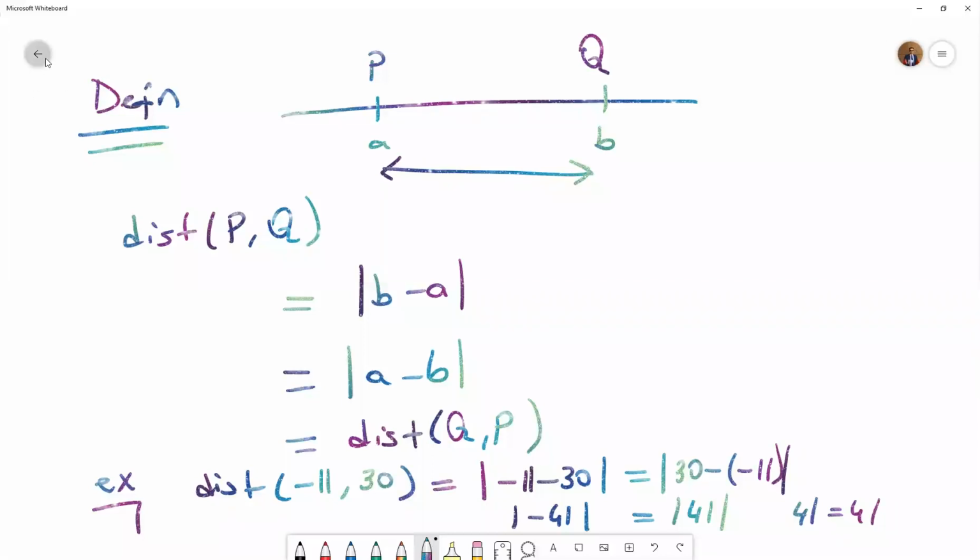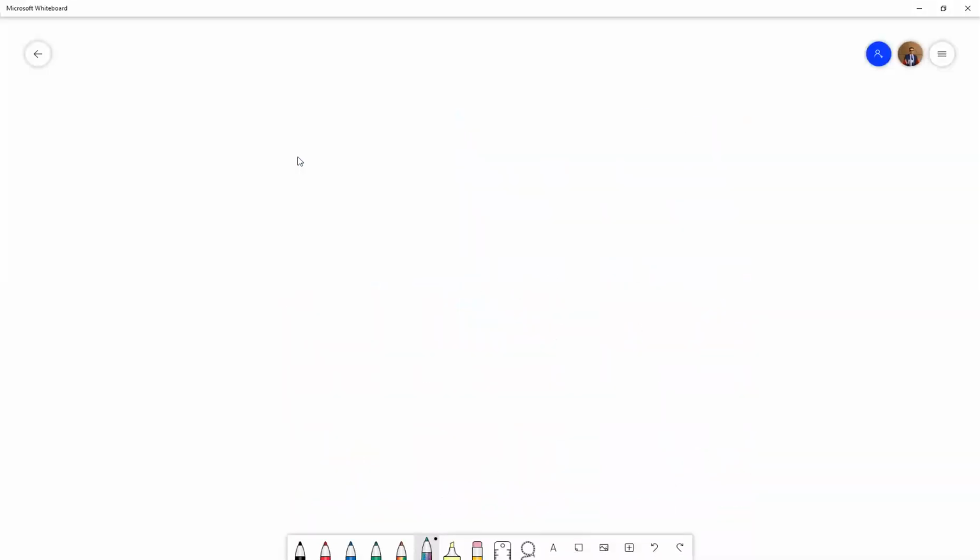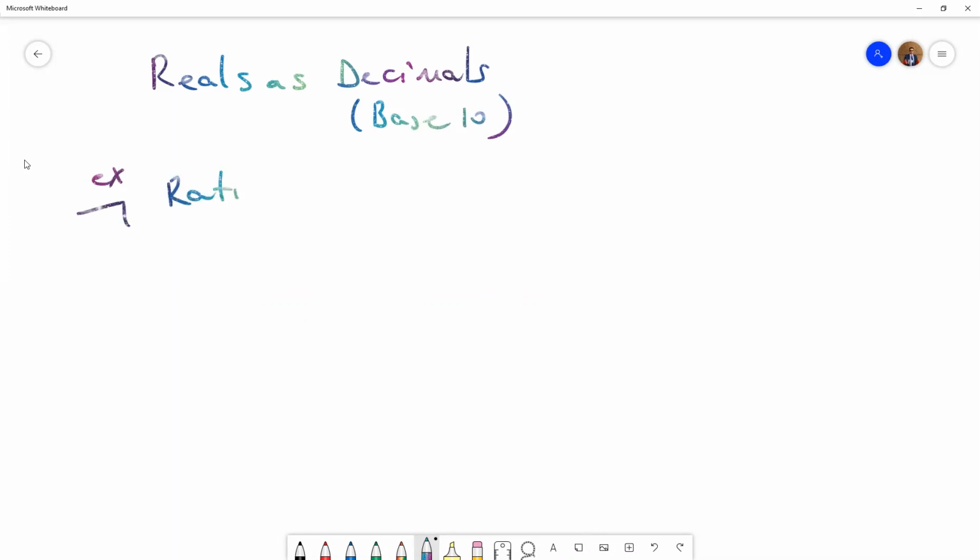Now let's try another subject. This is reals as decimals. Decimals mean base 10. So let's give an example from rational numbers. 3/4. Let's write it as a decimal number.